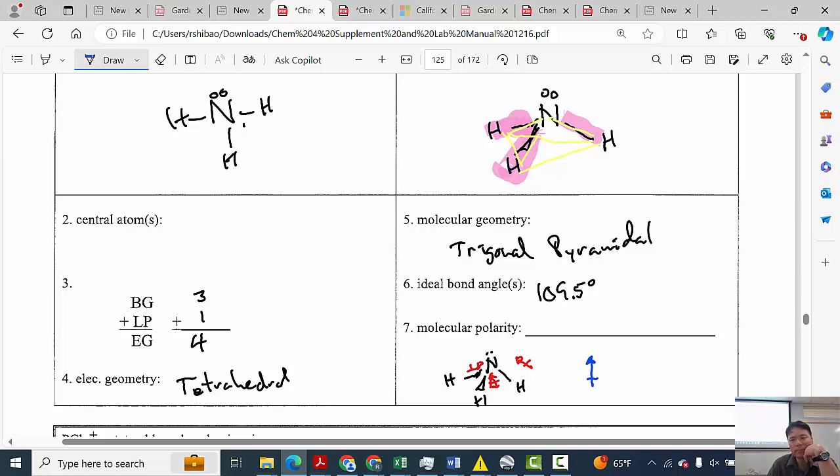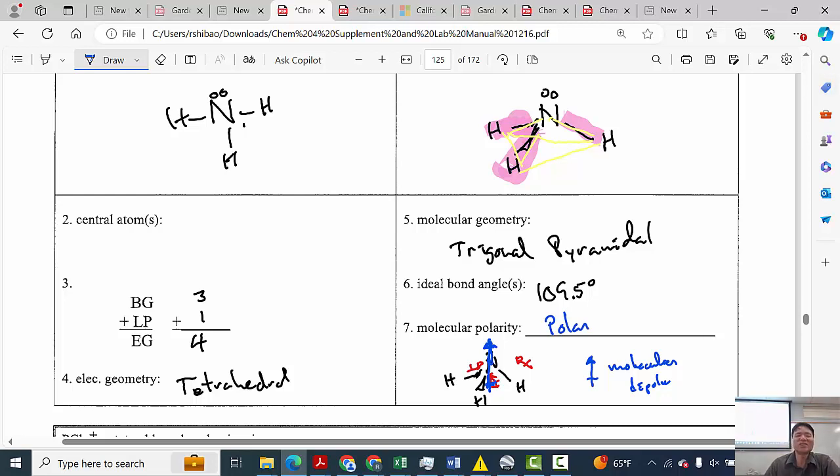It's going to go straight up. And so we have a molecular dipole that points straight up like this. And so we say it's polar.